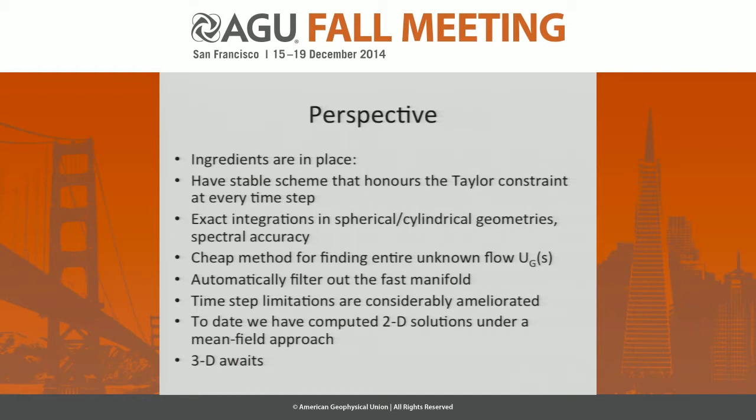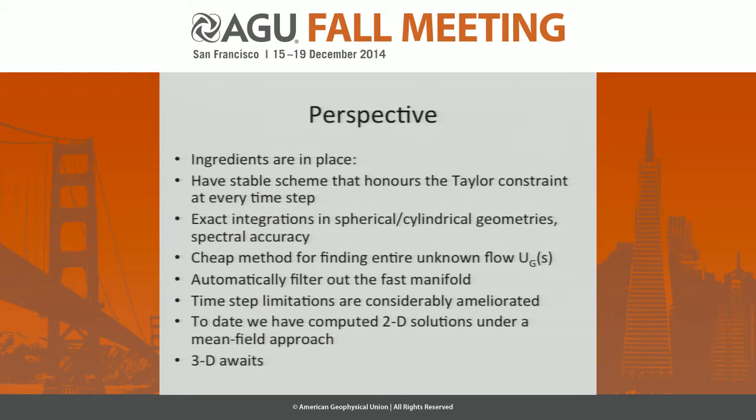We've got these exact integrations in both geometries to spectral accuracy. We have a cheap method, which I haven't told you about, for finding the unknown flow UG. We automatically filter out this fast manifold, which we claim is not necessary, and the time step limitations are very much ameliorated, so you can take larger time steps. And again, like Paul, I would say 3D awaits.